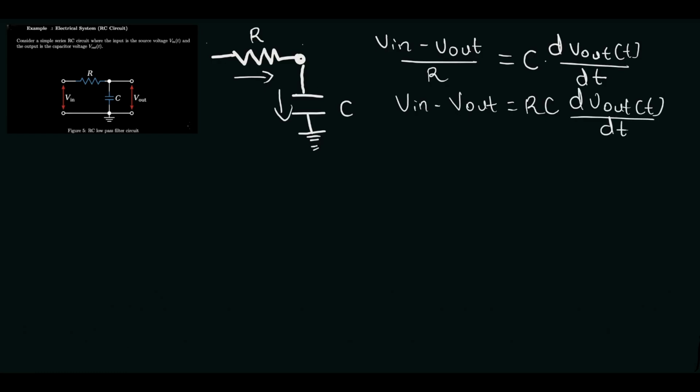Then your Vin will now be equal to RC times the differential of your output voltage over dt, plus Vout. So this will be. Let's take a look at this example.